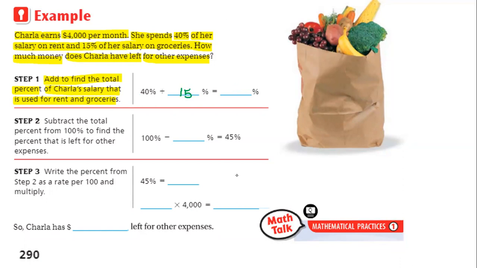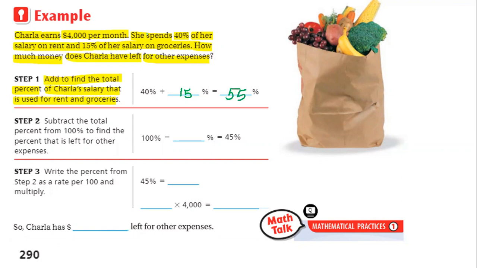All of you focus. Thank you, Muhammad, for this solution. You said you will add. 40 plus 15 equals 55. 55% of her salary for rent and groceries, right?